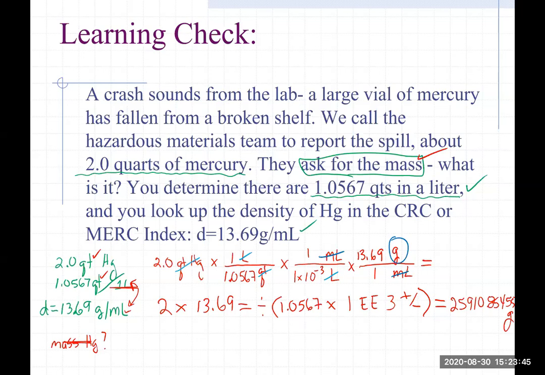The reason I don't want to use those, they're not data values, is because if I look something up, I didn't get that value in the lab using my equipment. So I have no idea what the precision is, and that precision definitely doesn't match my data values. The only data I have is my measurement of the quarts of mercury.